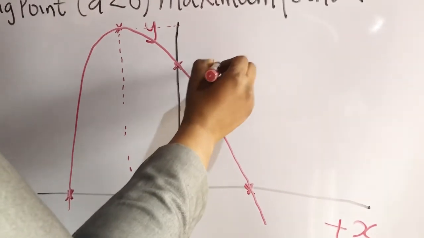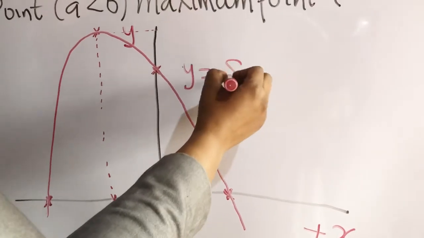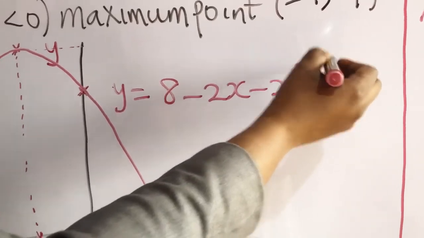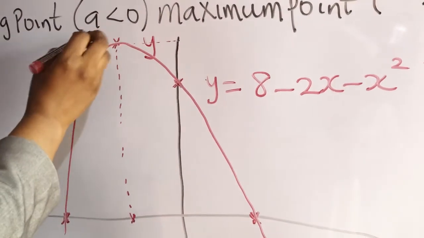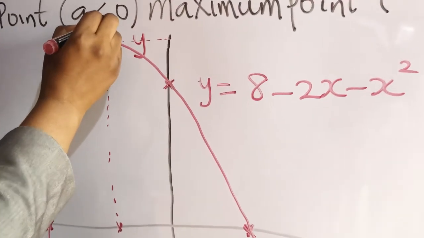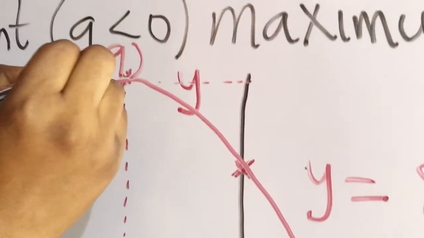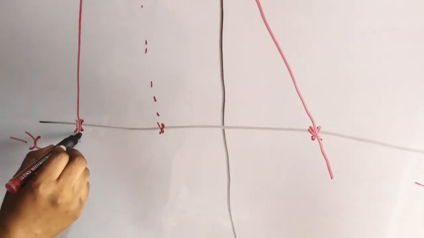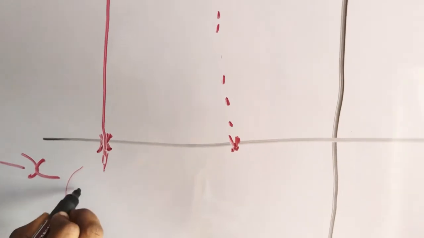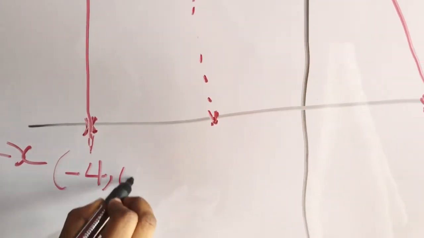Can you see? So this is y is equal to 8 minus 2x minus x squared. Here is the maximum point minus 1, 9. Here is one of the x-intercepts, minus 4, 0.